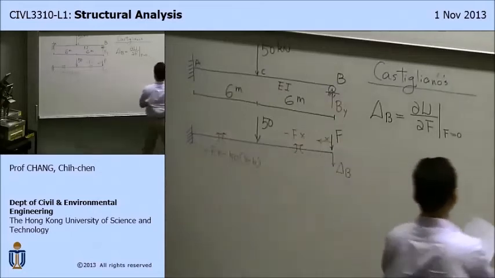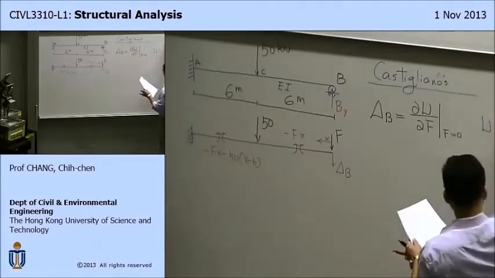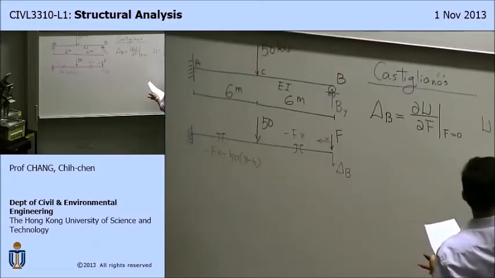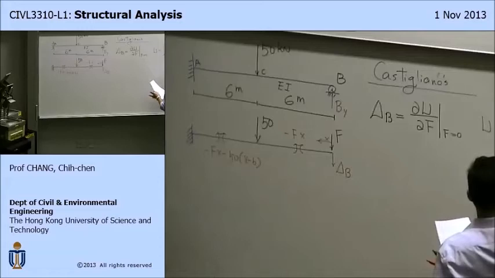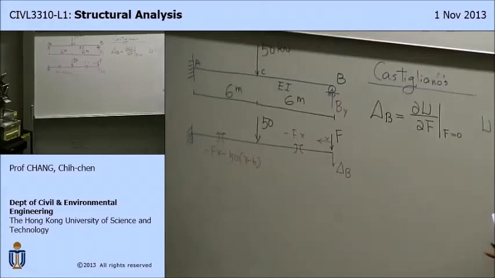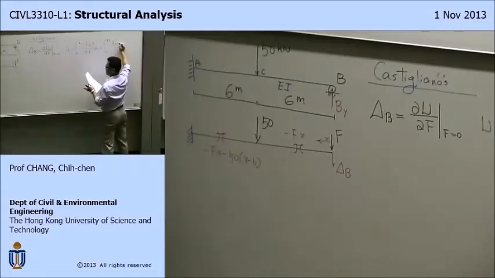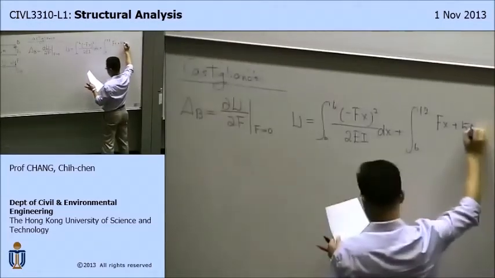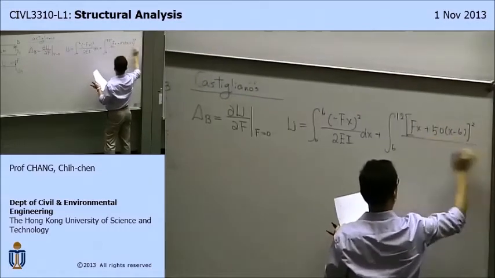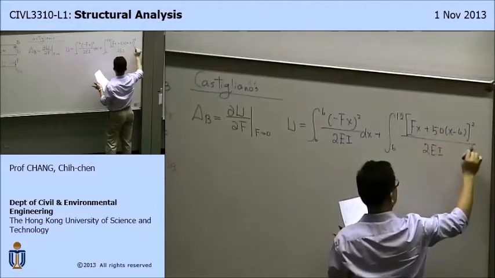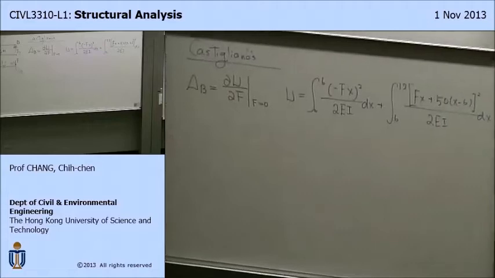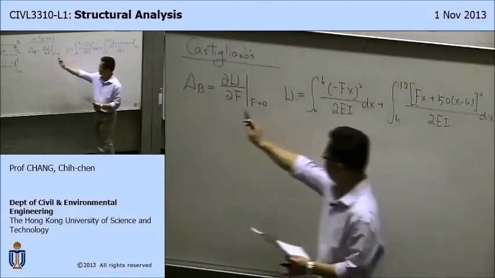So the strain energy expression is the integral from 0 to 6 of (minus Fx) squared over 2EI dx, and then integrate from 6 to 12 of (Fx plus 50(x minus 6)) squared over 2EI dx. That's the strain energy expression. So I just take that and put it in.